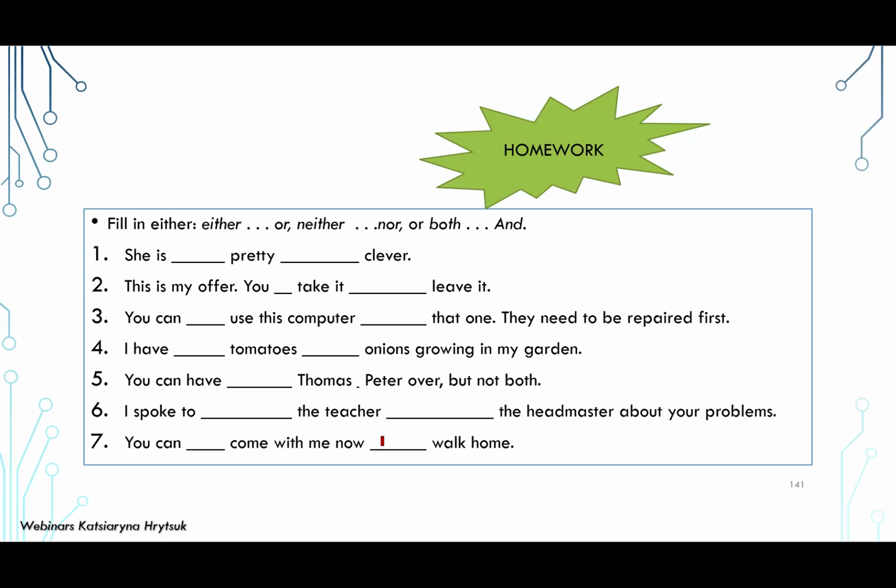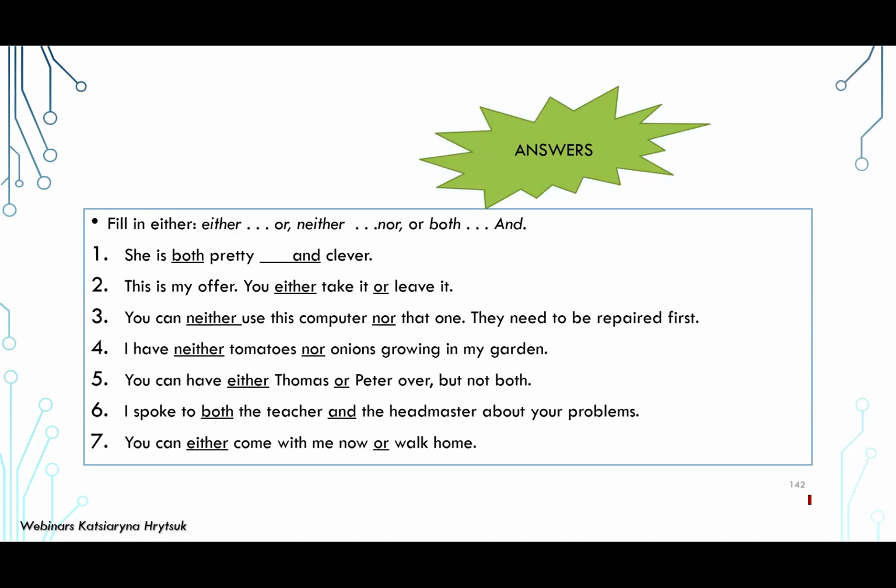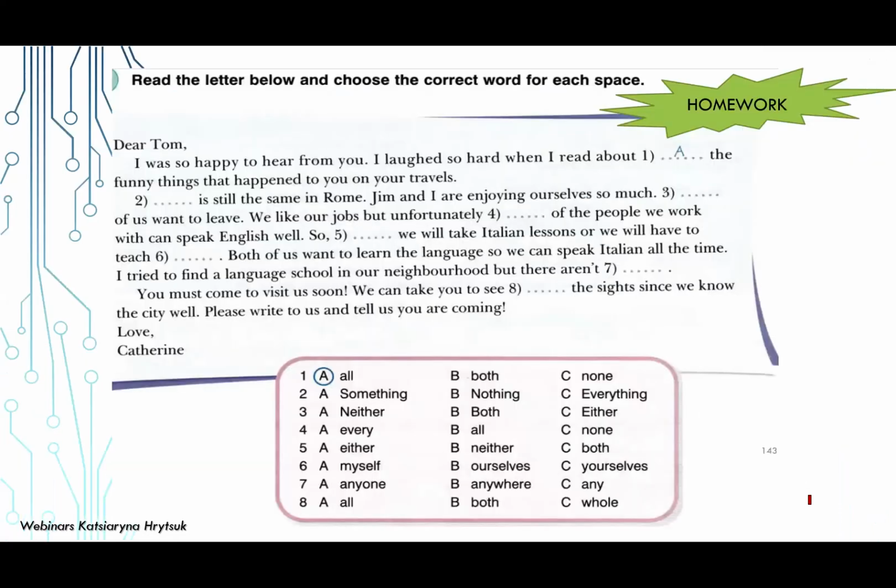Homework: either, neither, nor, or both. Unit, slide, sorry, 141. Okay. 142. Here are the answers. For 142, you will check yourself. And you will also need to do the last exercise about homework.